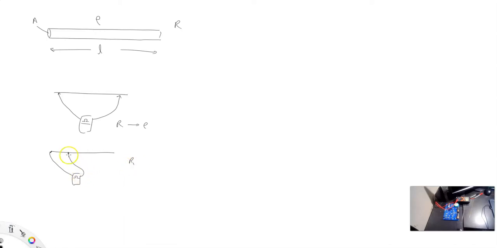Then I slide it over here, so the length changes, take another reading. So I change the length of this conductor. I measure the resistance at different points. So when I change the length, the resistance changes. That way I have multiple readings.